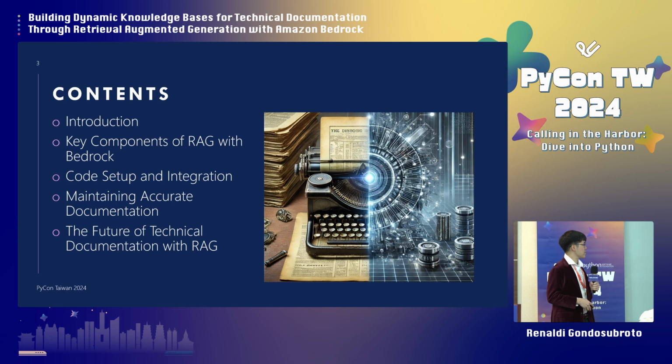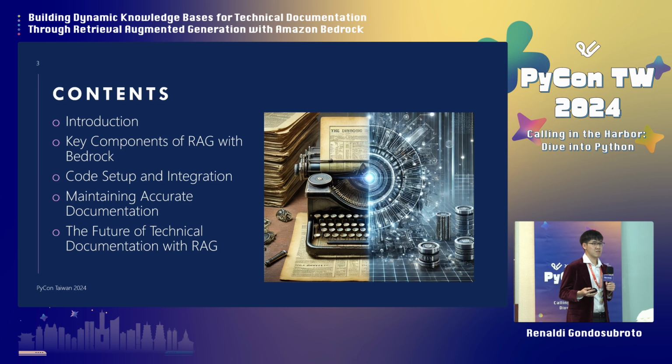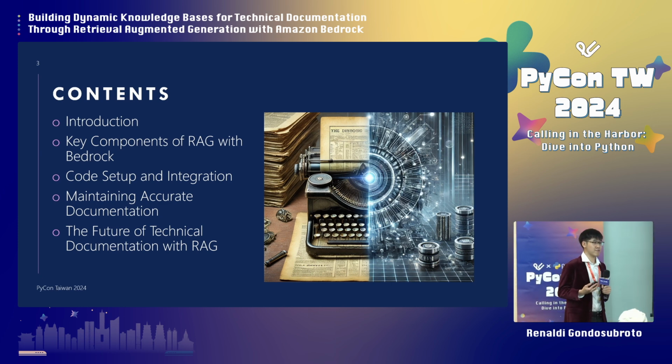We then will look into how we can ensure that accurate documentation is maintained when using Amazon Bedrock. And finally, we'll look into the future of technical documentation and how I feel this will pan out, because RAG is just the first step out of a lot of different things.